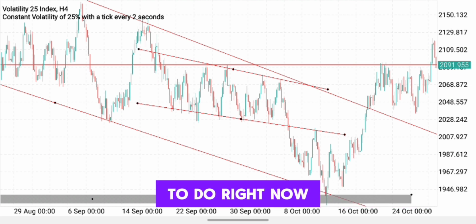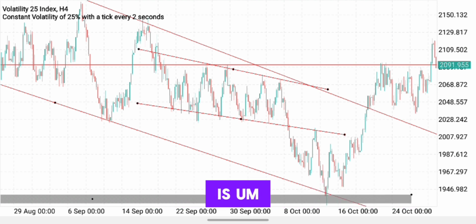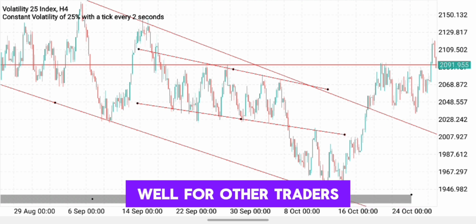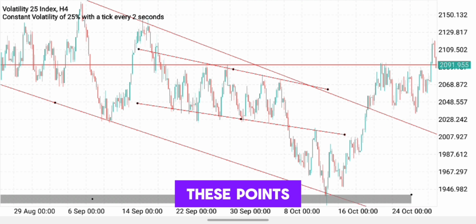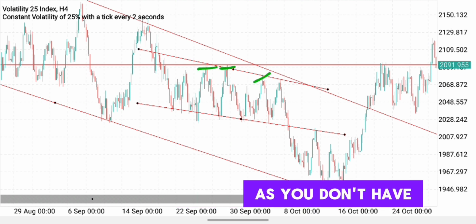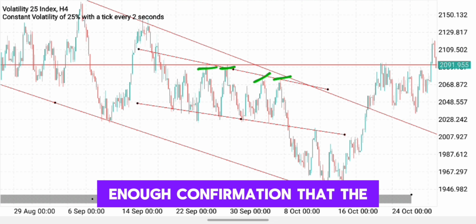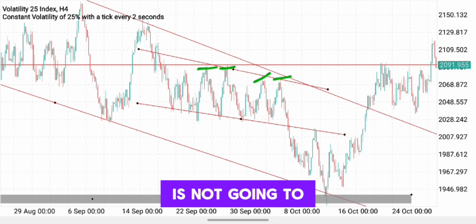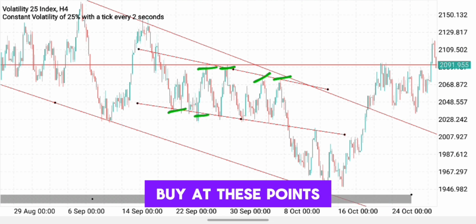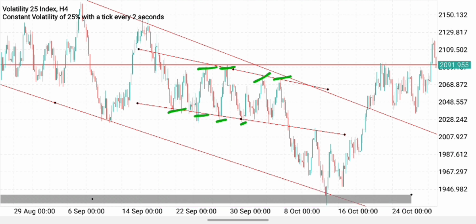So what we have to do right now is, well, for other traders, you can enter at these points, but it is risky, as you don't have enough confirmation that the market is not going to break out. You can buy at these points, as you can see.